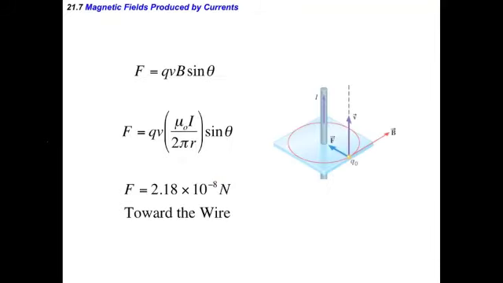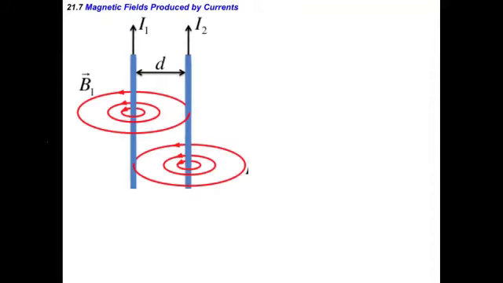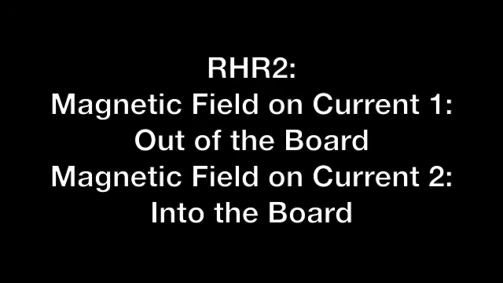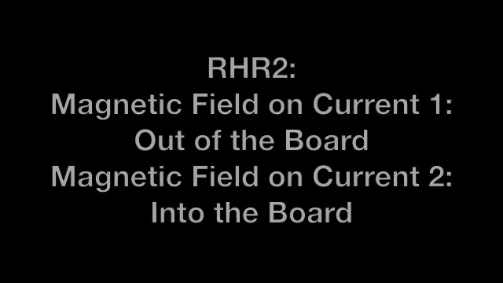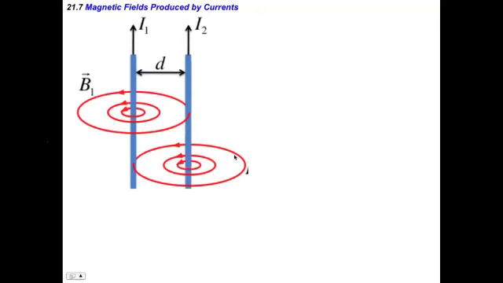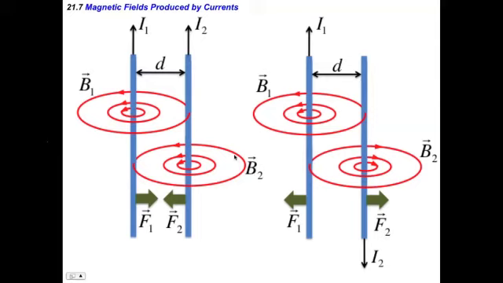Knowing that a charged particle experiences a force, we can then look at current-carrying wires. Each of these current-carrying wires is going to create a magnetic field. Using our second right-hand rule, we can see the direction of the force on each of these wires.